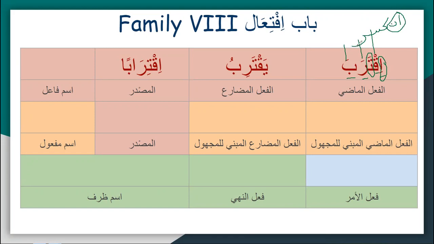In the iqtaraba family, there is an alif and a ta between the first and second root, so don't confuse them. Inkasara doesn't have any passive line, and iqtaraba, yaqtaribu, iqtiraban.